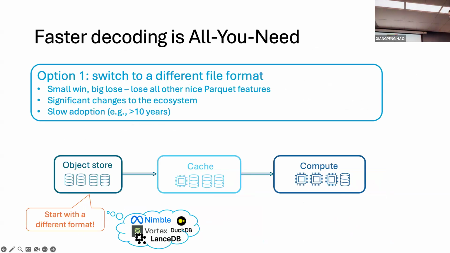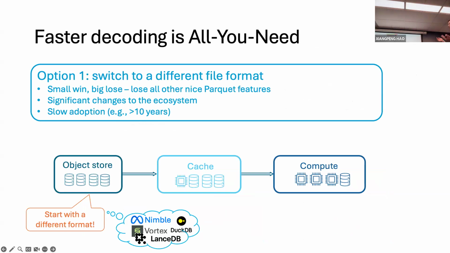So it seems that faster decoding is all we need. Then the most obvious question is, can we just switch to a different file format, right? For example, systems like Nimble from Meta and DuckDB use their own file formats. Vortex is building a compressed Arrow for their own format, and the Lance also build different file formats.